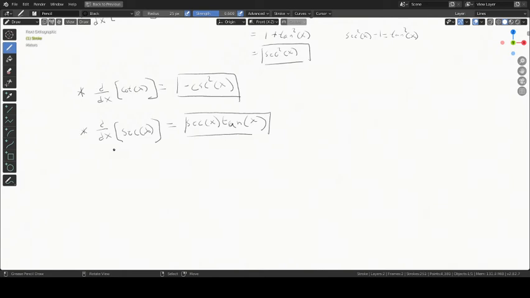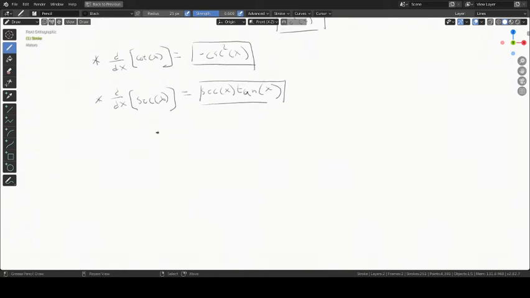And the last one, which is cosecant of x. So let's go ahead and star this one as well. The derivative of cosecant of x is equal to negative cosecant of x cotangent of x.